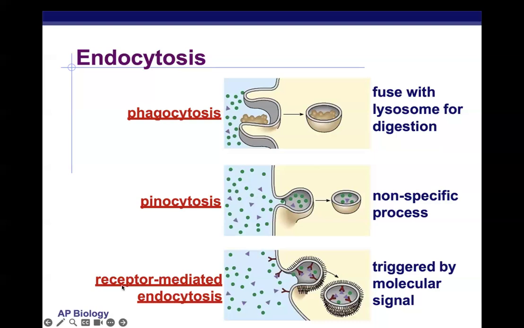And there's also a process called receptor-mediated endocytosis, where the substance is only moved into the cell in a vesicle when it attaches to a protein receptor on the surface. And the binding of the substance to the receptor on the surface causes the formation of this vesicle, like you see in this third picture.